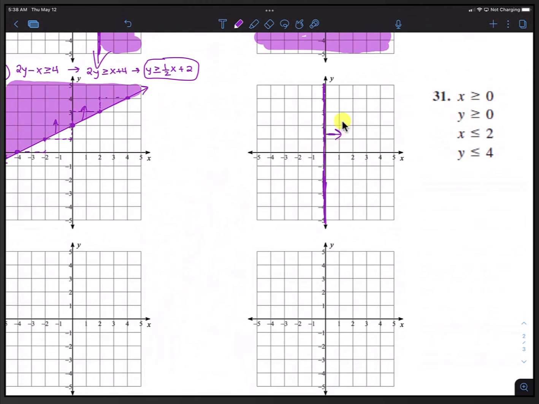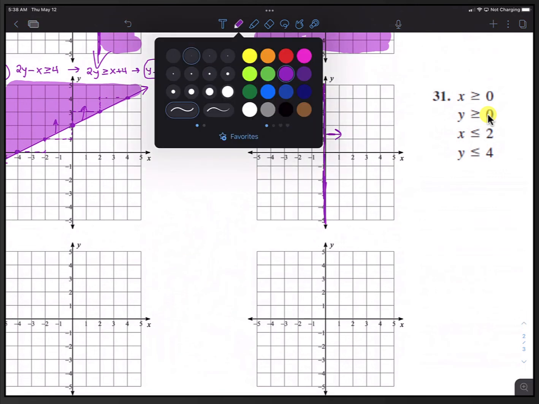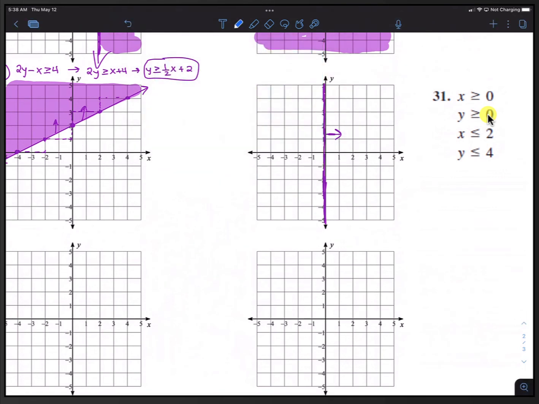That's my little arrow there to remind me about that, shading to the right. The next inequality says y is greater than or equal to 0. Now, y equals 0 is a horizontal line going through 0. So let's draw a horizontal line going through 0. And again, this is going to be solid because it includes the equal. And now it says y is greater than 0, so that's going to be shading above that line.